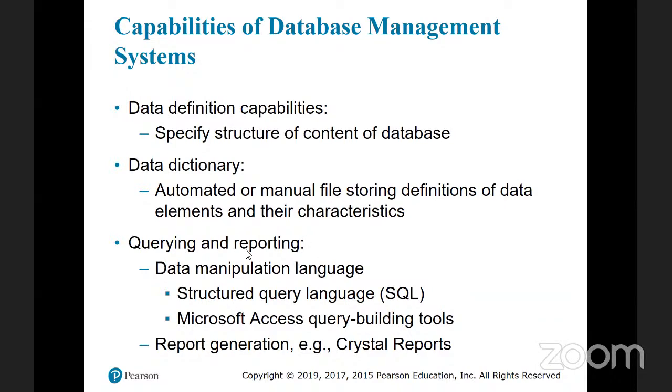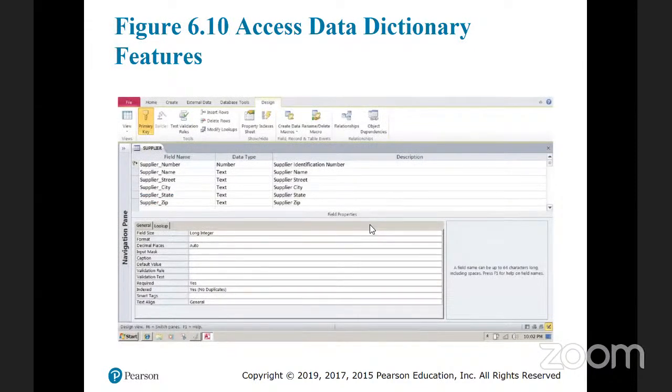And then there are ways to query from that data. One of the popular ways to query the data is to use structured query language and other kinds of query building tools, so that you can essentially create reports that are relevant.